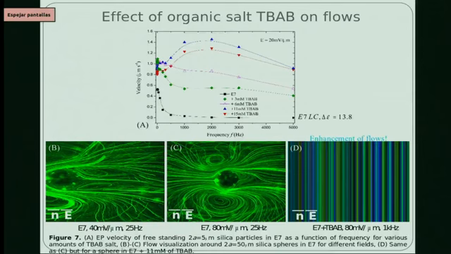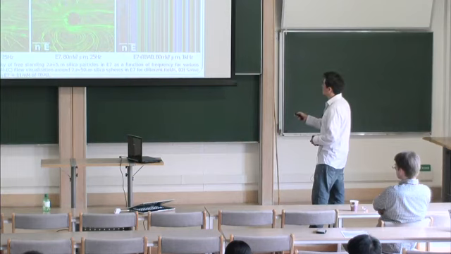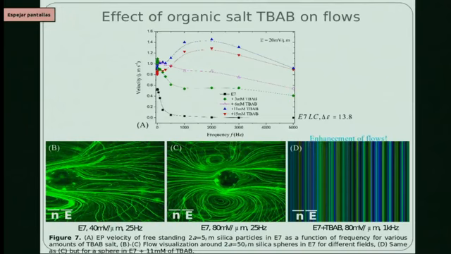So this is just an example of how the flows are modified because of the effects of the salt. So in this case, the image that is not presented here should be much better than in the previous two.